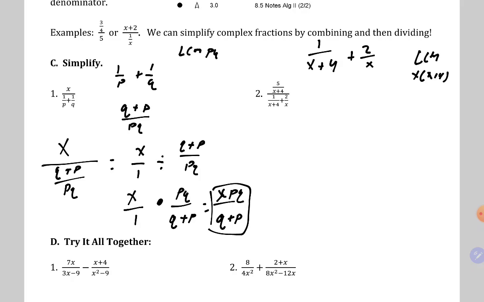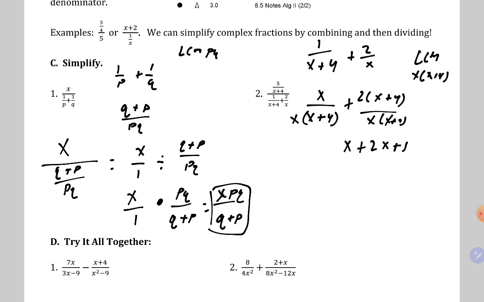So I'm going to multiply the first one by x, and then the next one plus 2 times x plus 4. So we have x plus 2x plus 8, which becomes 3x plus 8 over x times quantity x plus 4.